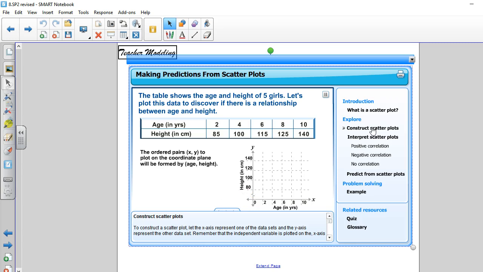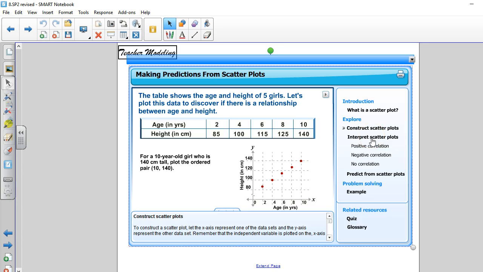Now we need to plot our ordered pairs. For a girl who's 2 and 85 centimeters tall, you graph the x and y ordered pair. Continue for the 4-year-old at 100 centimeters, then 6 at 115, 8 at 125, and last, the 10-year-old at 140 centimeters.